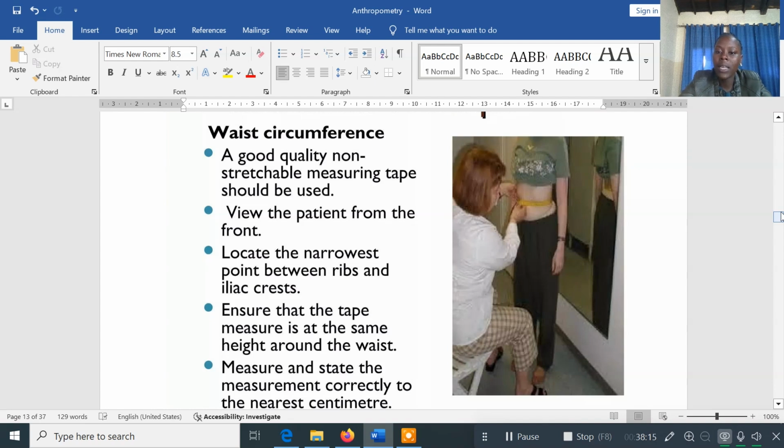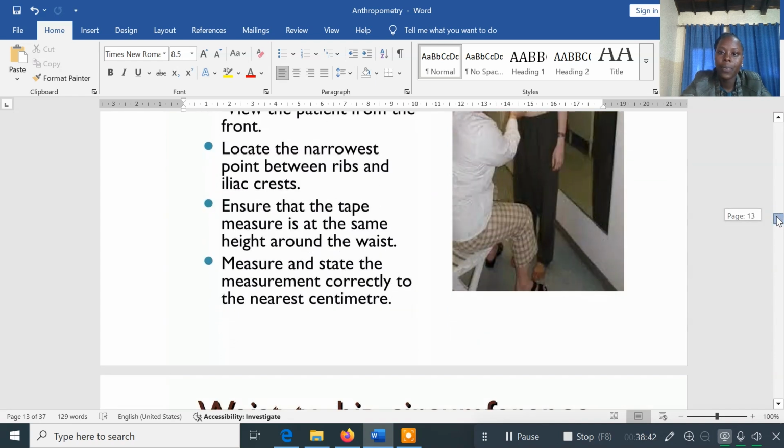So after locating that narrowest point between the ribs and the iliac crests, you roll the tape measure all around someone's waist at the same height. It has to be even. Then you can take someone's waist circumference. You read to the nearest centimeter.